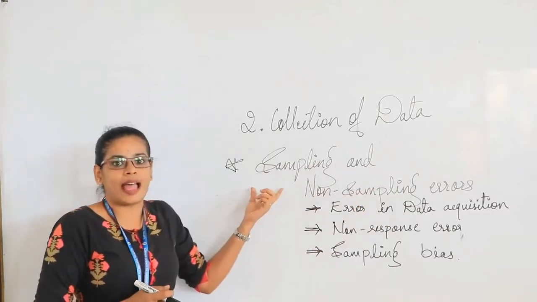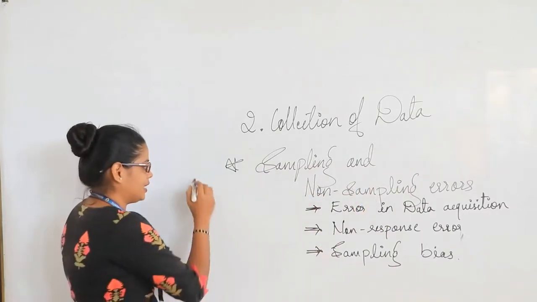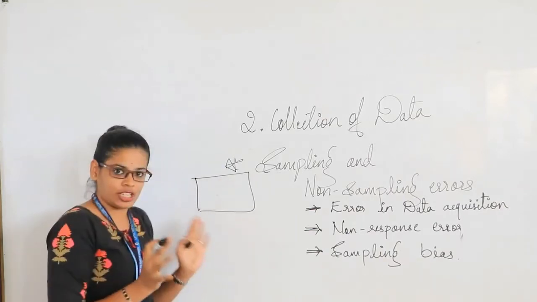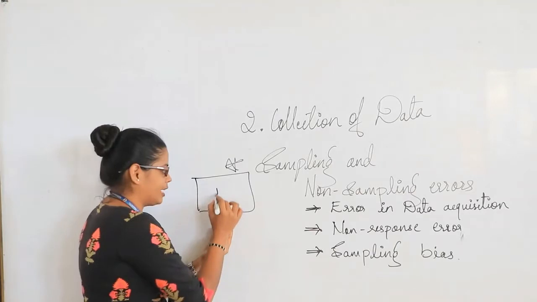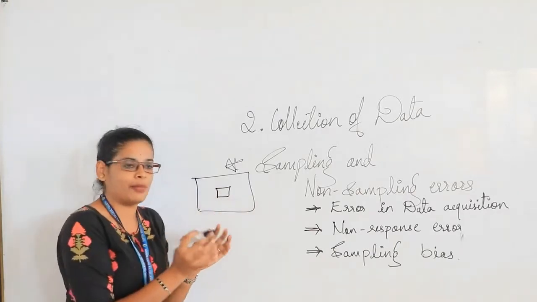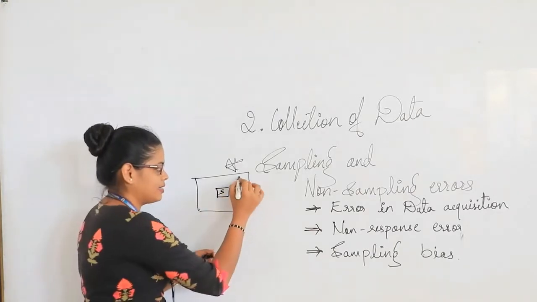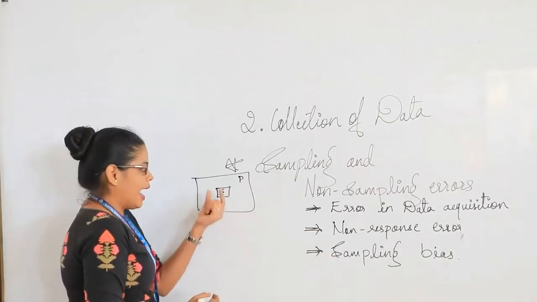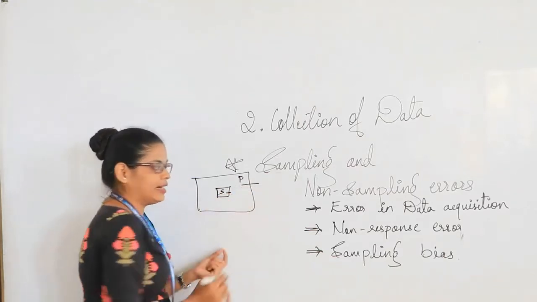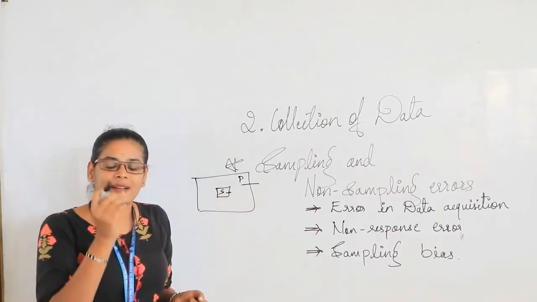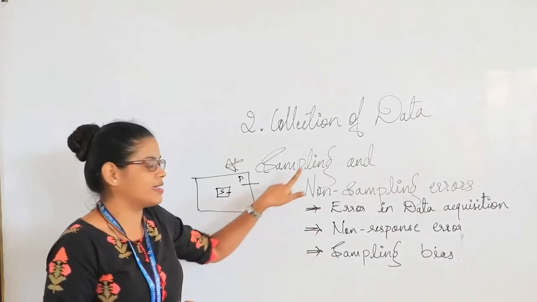So what is this sampling error? We have seen that there is a population which is considered, right? And out of this population we consider a small group of members as a sample. When you compare the actual data with the estimated data, you get a minute error which is called the sampling error.